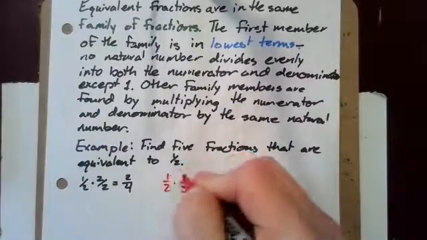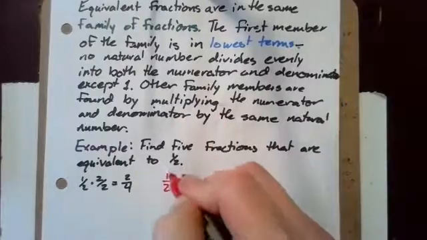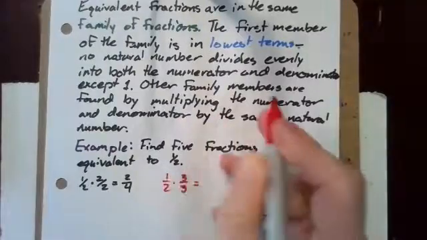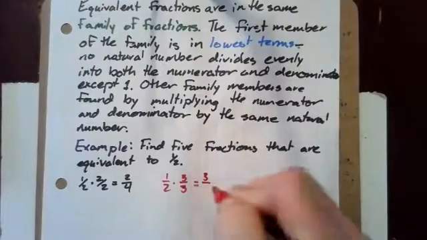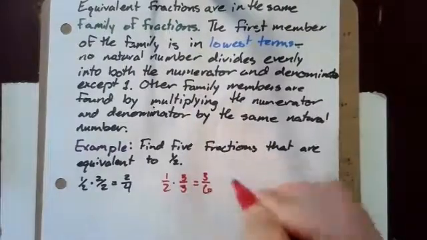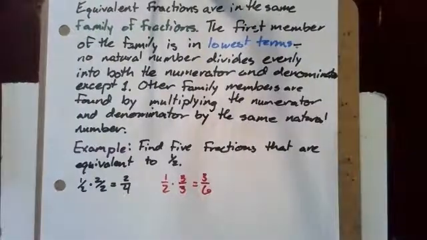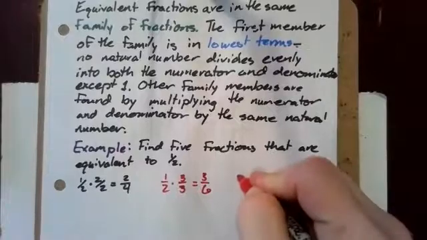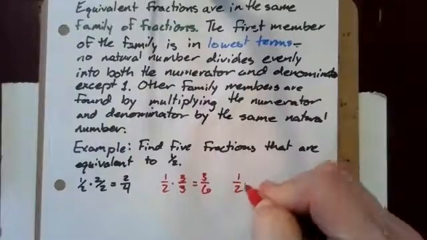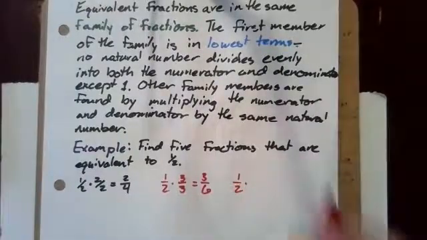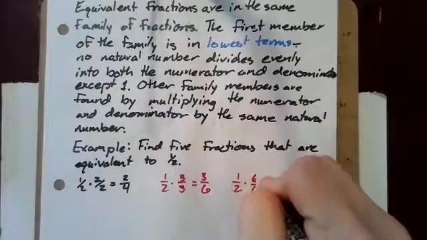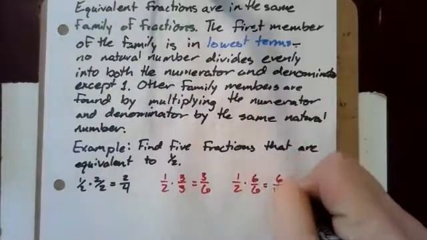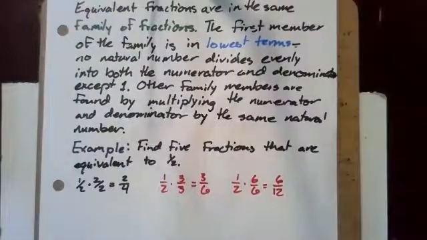I just multiply across the numerators and the denominators. 1 times 3 is 3. 2 times 3 is 6. 3/6 is also equal to 1/2. I don't have to pick the next one. I can pick something else. I can pick 6/6, which gives me 6/12, also equal to 1/2.